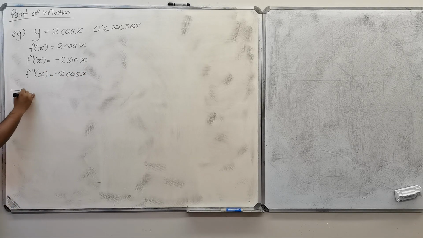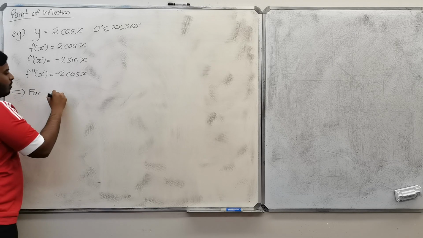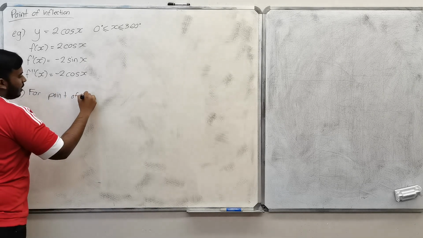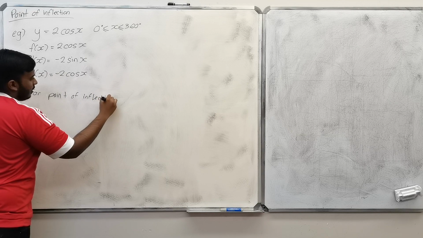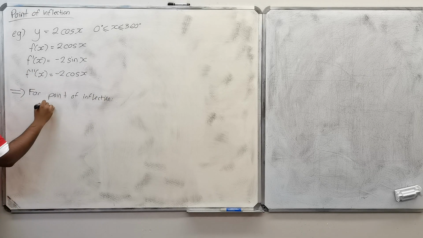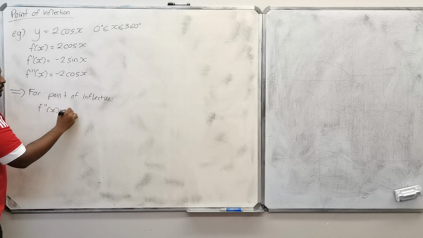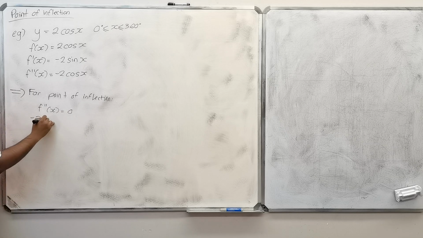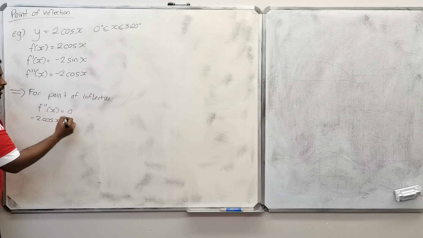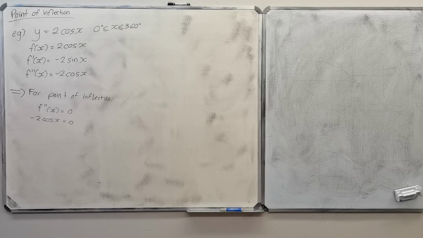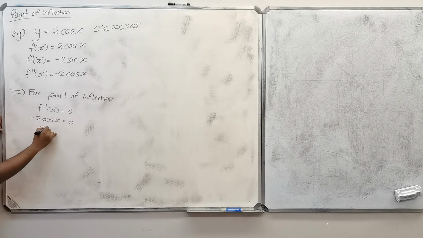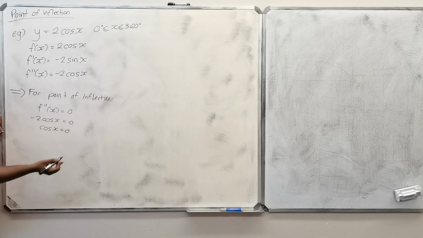And remember what we said? For a point of inflection, your double derivative must equal 0. So minus 2 cos x must equal 0. Then you divide, and you get cos x equal to 0.